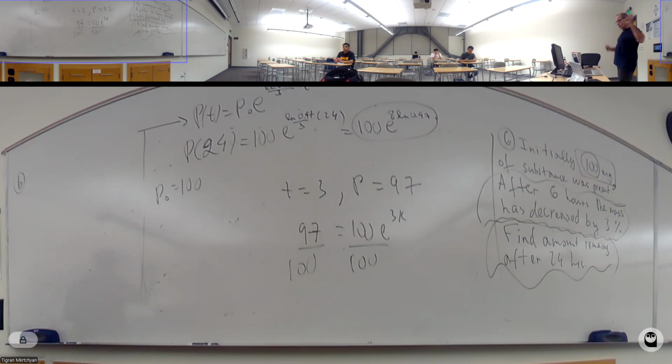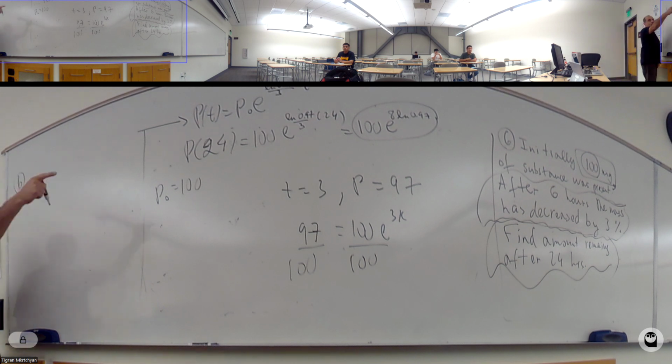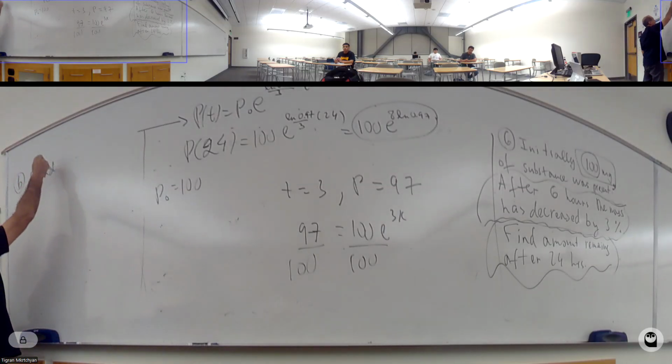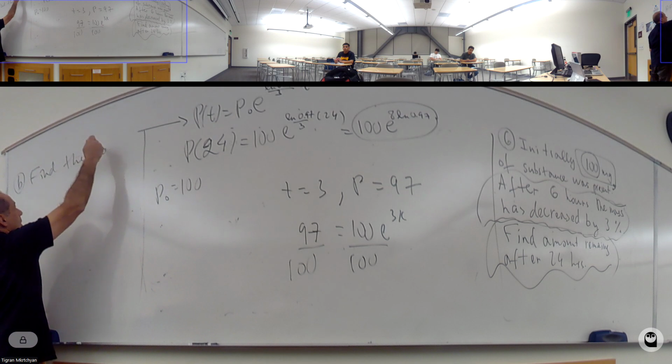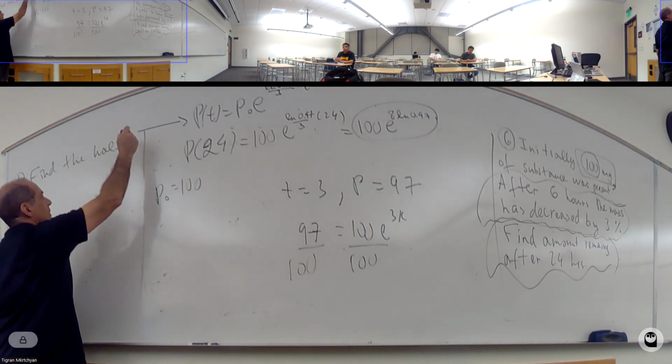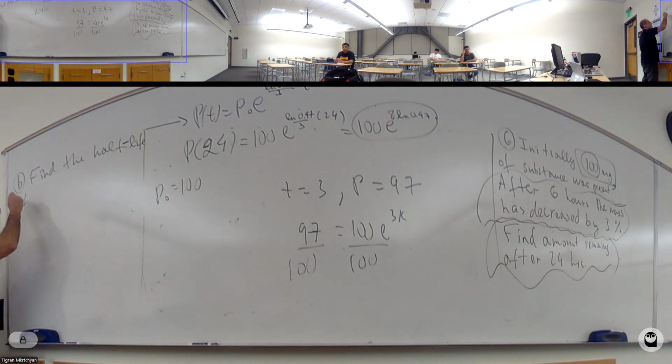It says, go back to that problem and find the half-life. So I just write this part B because it's about the same problem. So find the half-life of this substance.